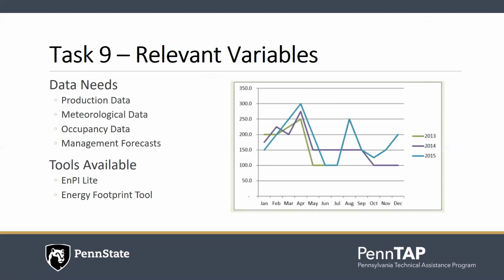Unfortunately, the heating degree days and cooling degree days can't really be forecast in the future, but you can take a look back in time and develop an average for your location. The tools that will help you with this are the EnPI Lite, which I mentioned earlier. That will take all of your current energy data, the kilowatt hours per month, and compare them to the production data.